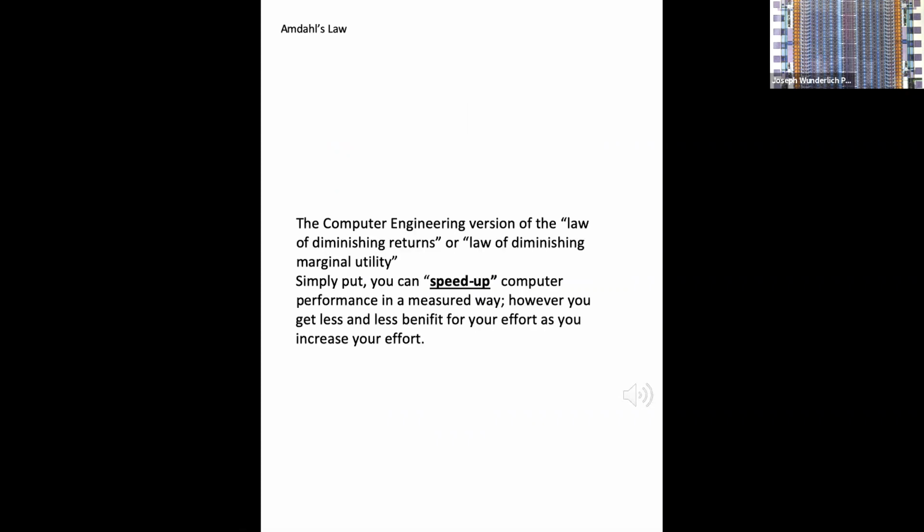So Amdahl's law is the computer engineering version of the law of diminishing returns, or law of diminishing marginal utility. Perhaps you've heard in economics classes. And simply put, the speed up of computer performance is measured in a measured way. However, you get less and less benefit for each incremental bit of effort you put in.